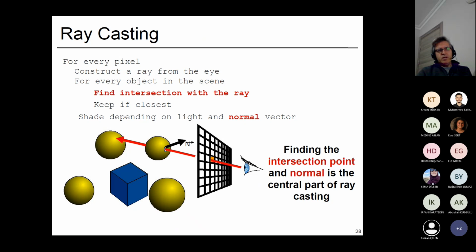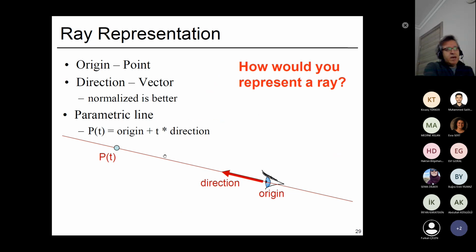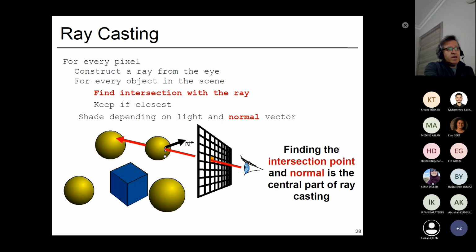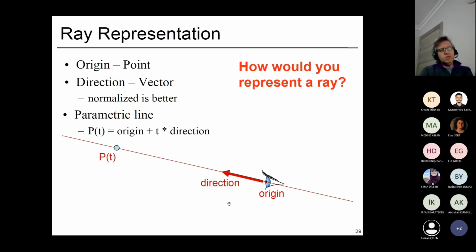So how do we find the intersection point of a ray with objects in the scene? We can actually look at this intersection in a simple way. So let's start with forming the ray.